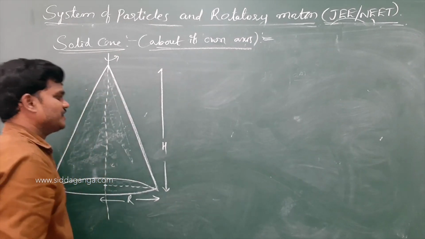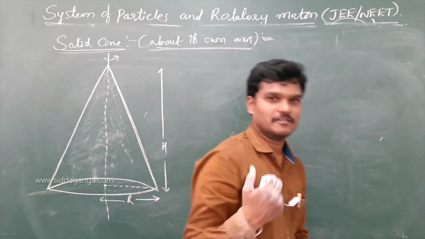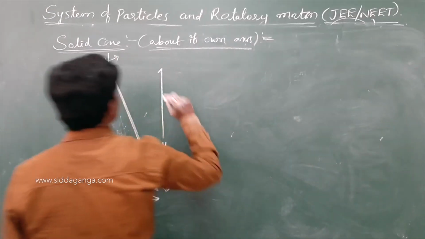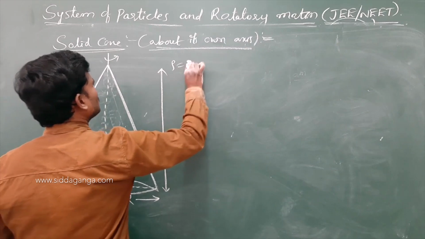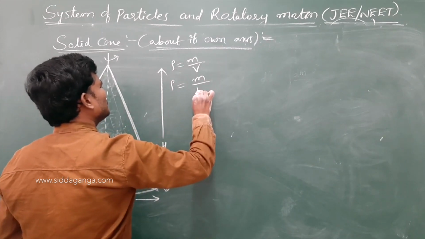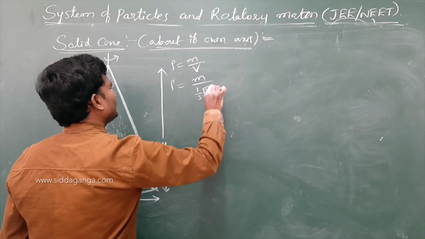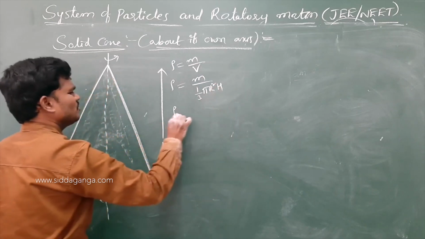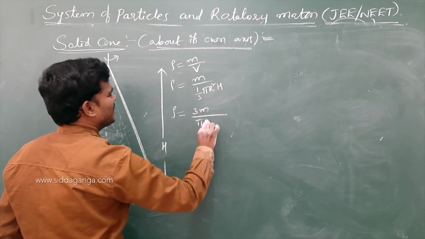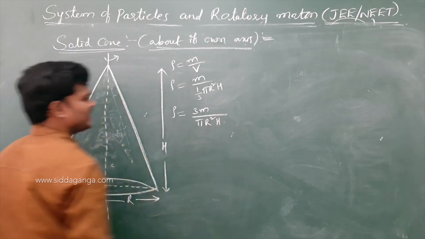See, first you identify whether this one is areal or volumetric. Anyhow, a solid object means volume, so we will have some volume density. So rho is equal to mass by volume. The volume of this one is 1 by 3 pi r square h. So rho is equal to 3m by pi r square h.